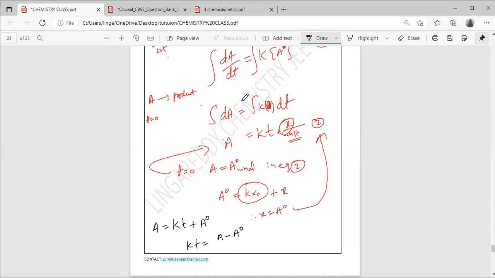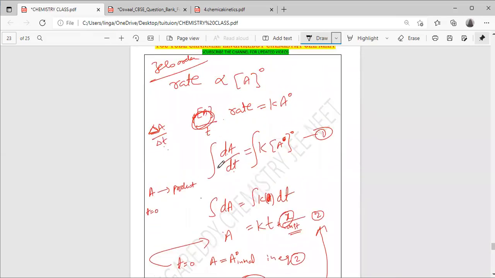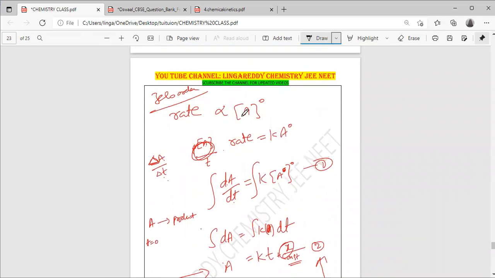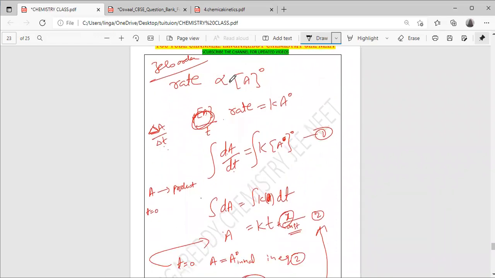See this one. The rate I wrote here as A to the power of 0, okay, but it is the minus rate. This is the minus dA by dt. Why minus dA by dt? Yesterday, we discussed, whenever A is the reactant, the A concentration is decreasing while the reaction is carrying on. So the decreasing symbol is a minus. If you write the product, we should take plus.